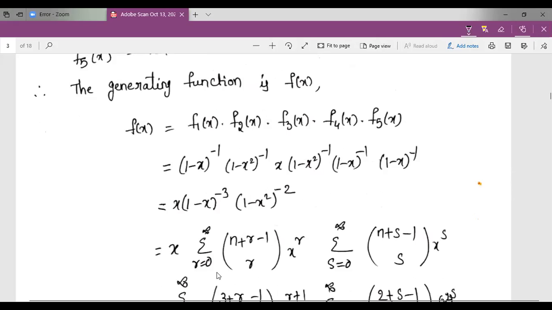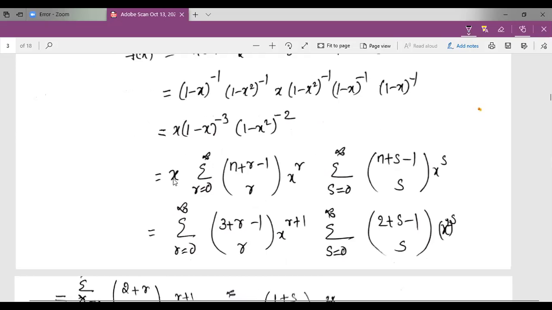Summation r = 0 to infinity of C(n + r - 1, r) x^r. Here also summation s = 0 to infinity. We consider another variable to show the difference between these two functions. So summation s = 0 to infinity of C(n + s - 1, s) x^s. Okay.